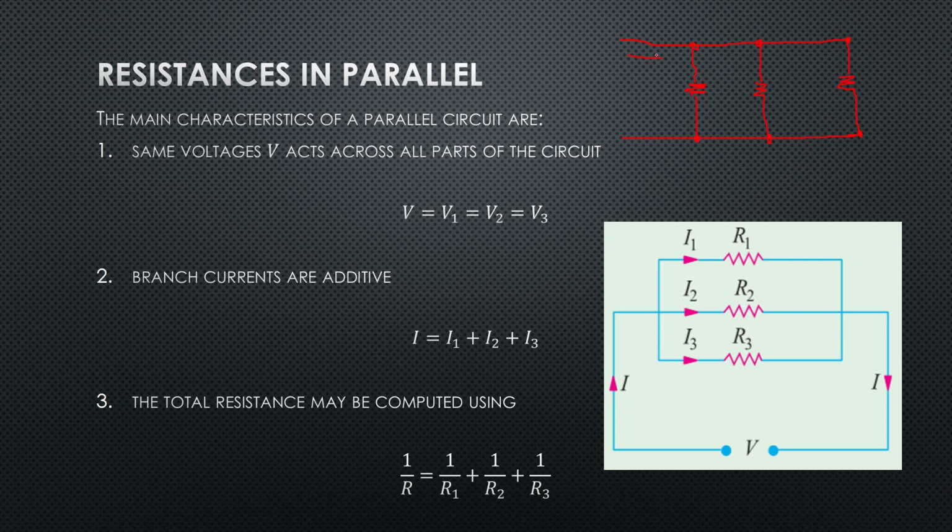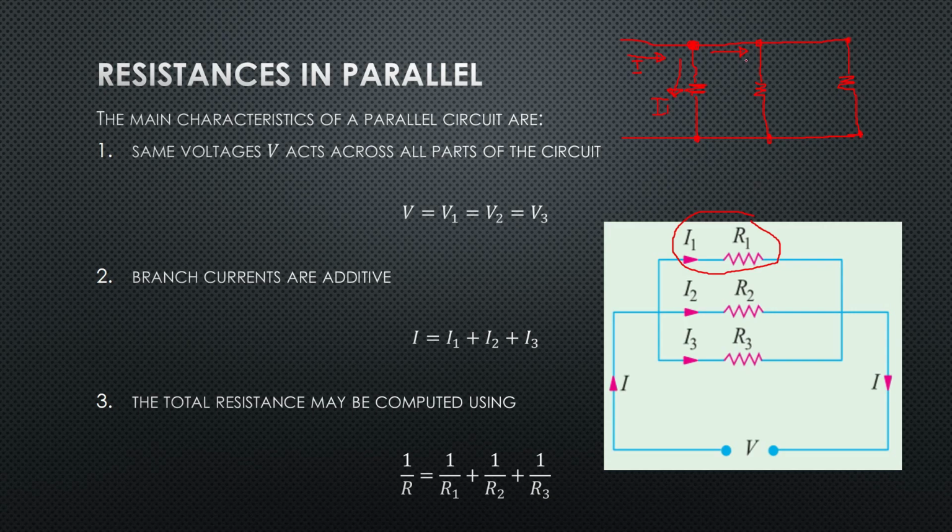So if a current I passes through here, that current I will pass through this node, and this node splits the current into values. This gives me I1 for resistance 1 as shown here.